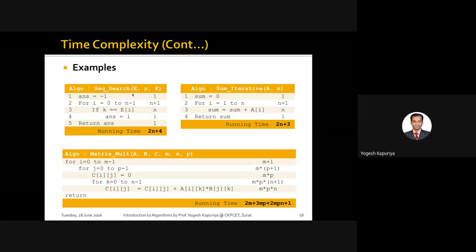One is an array. Deliberately I am using a different variable name so that it does not become anonymous. So here I am using E as my array, N is the size of the array, and K is an element which I want to search. So you can say it's a key element.